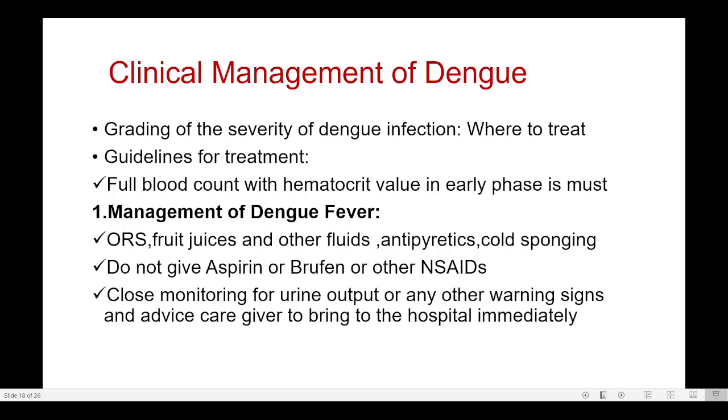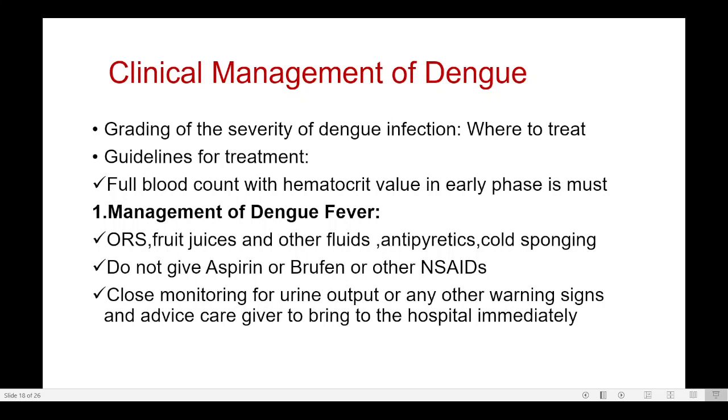In management of dengue fever, the most important thing is fluid therapy. In the early phase, that means classical dengue fever or undifferentiated fever, we can stay with oral fluid, which may be ORS, fruit juice or any other fluid, along with antipyretics and cold sponging for bringing down the fever. Don't give aspirin, give only paracetamol or brufen or other non-steroid anti-inflammatory drugs, because aspirin may precipitate GI bleeding.